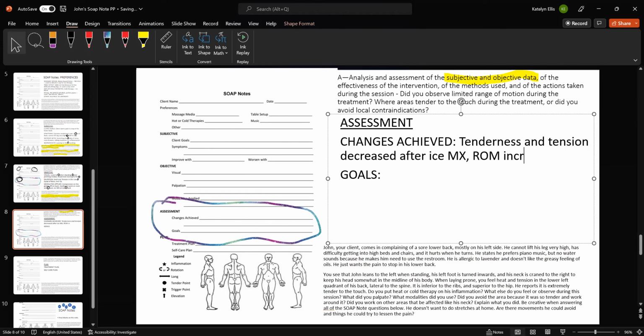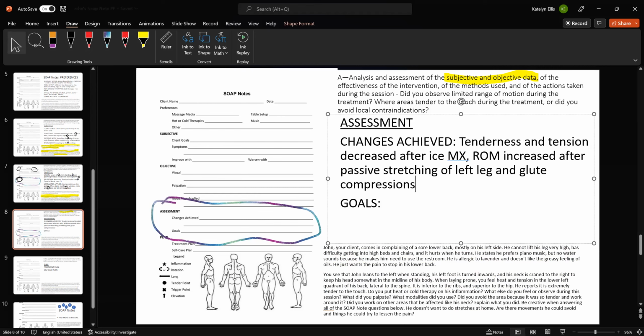Range of motion increased, and you can use an upward arrow for increased. Range of motion increased after passive stretching of left leg and glute compressions. And is there anything else we want to say?